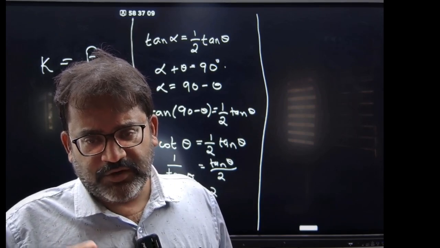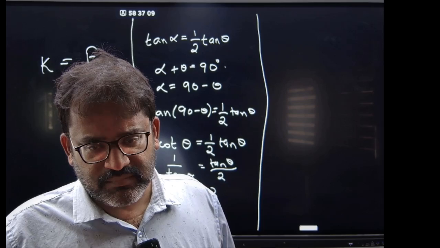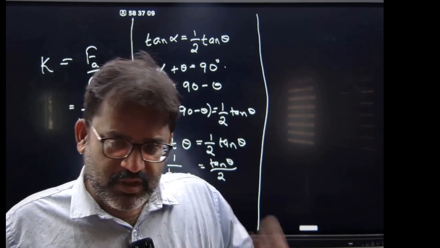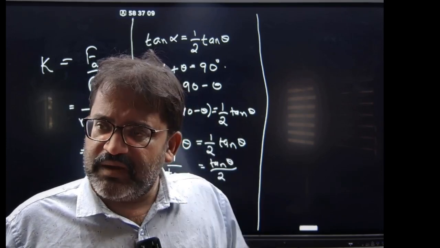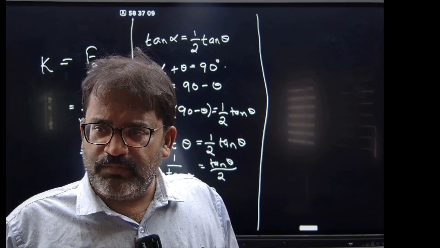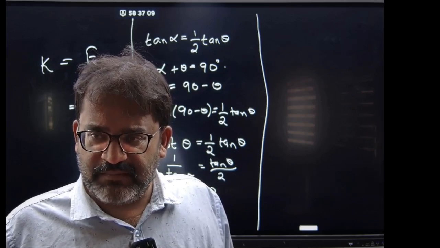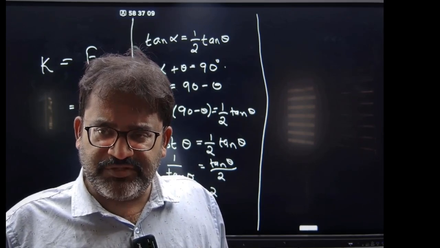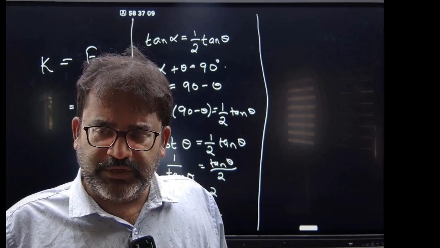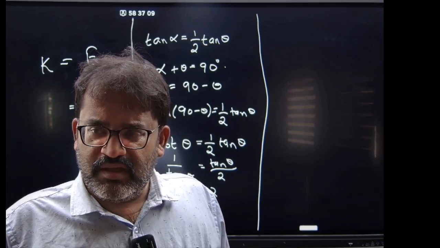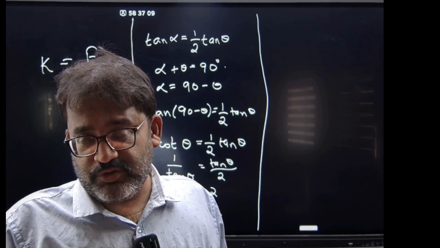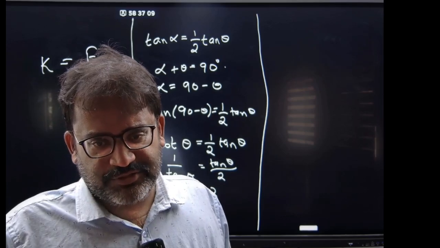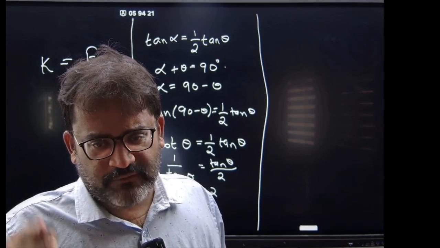What is S? 2 into 10 to the power minus 2. So 2 into 2 gives 4. 4 into 1.8 gives 7.2. So it is 7.2 into 10 to the power of 15 minus 2, that gives 13. That means it is 72 into 10 to the power of 12.